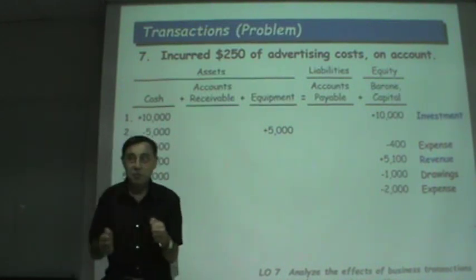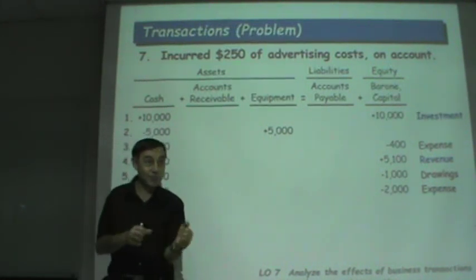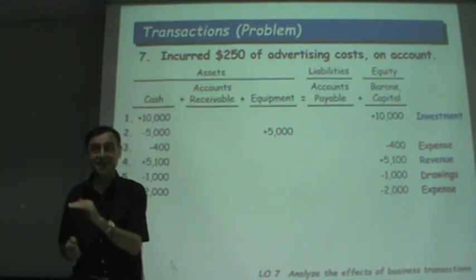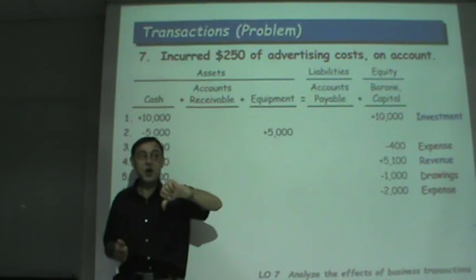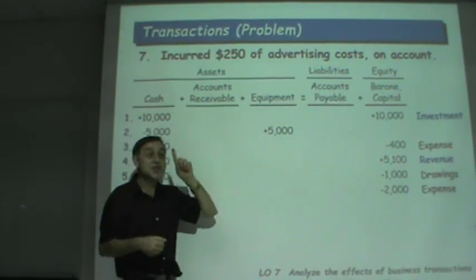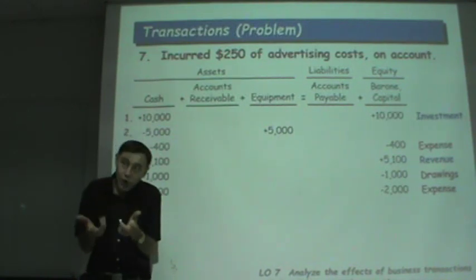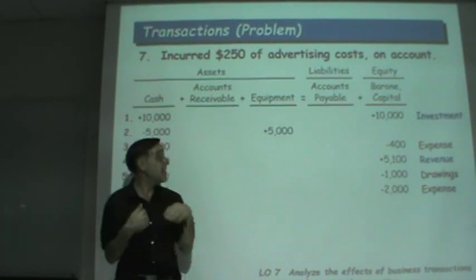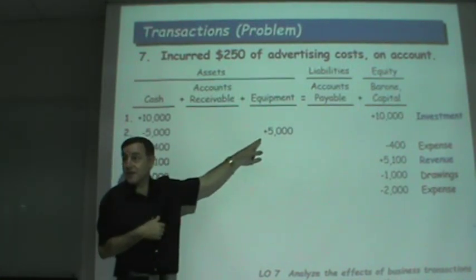If you purchase a computer for 1,000 or 10,000, it is not an expense. It is one asset going down, equipment going up, okay? So, it depends on the cost of what. If it's the cost of another asset, then it's not an expense.